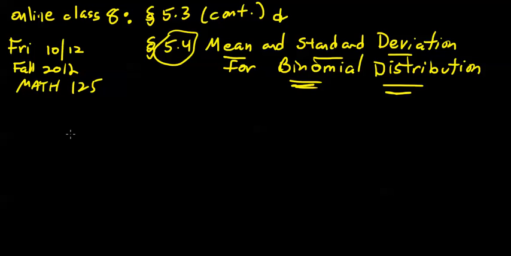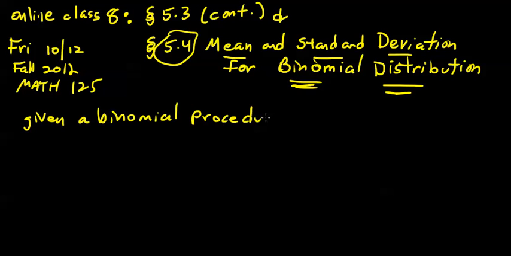Alright, let's talk a little bit about 5.3 again. Let's say you're given a binomial procedure or experiment with 4 trials, and the probability of success in any given trial is 0.7.